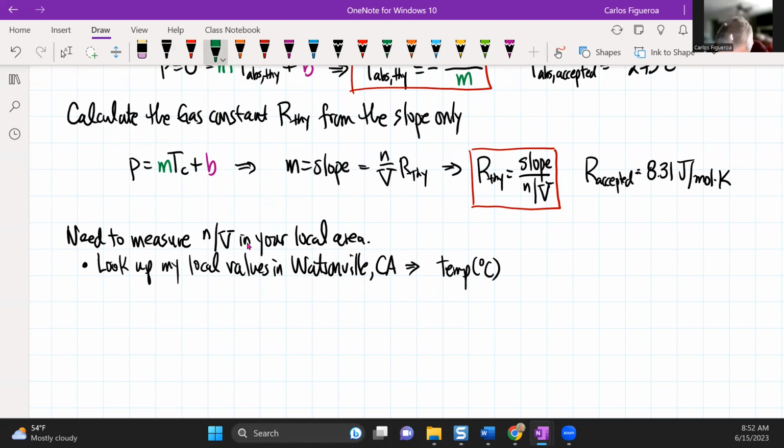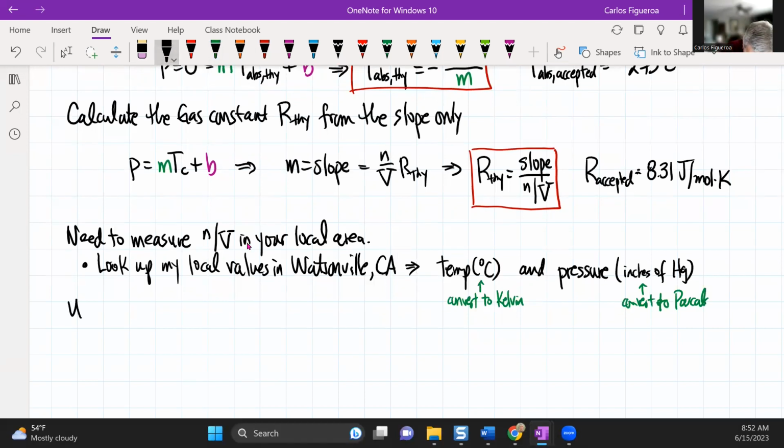It doesn't really matter because you have to convert to Kelvin. And then what I found on the weather websites is that the pressure was mostly in inches of mercury. So that means you're going to have to convert to pascals.